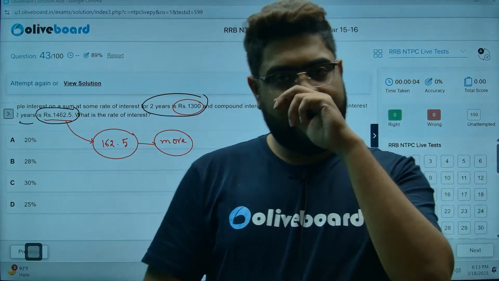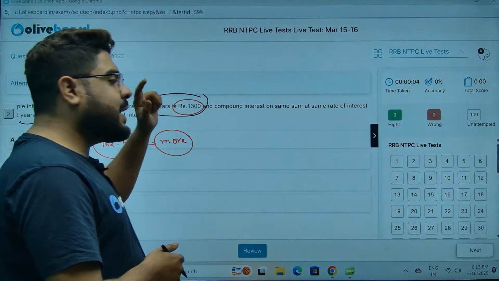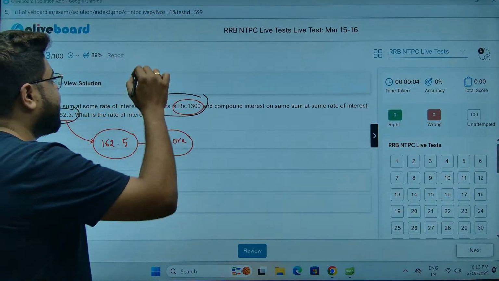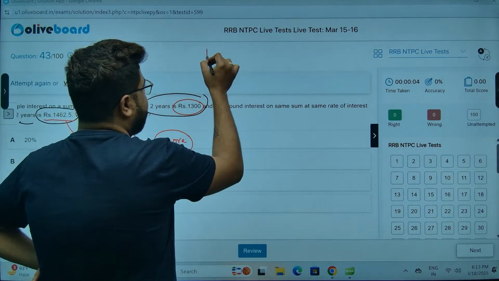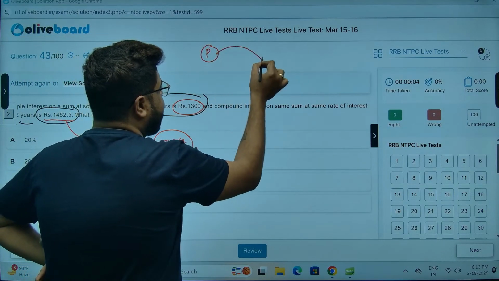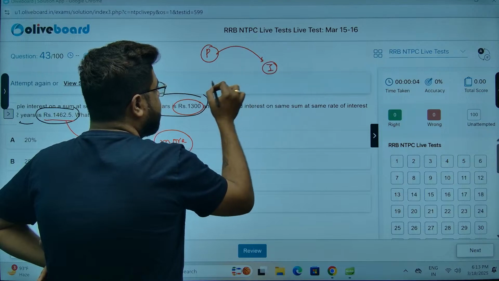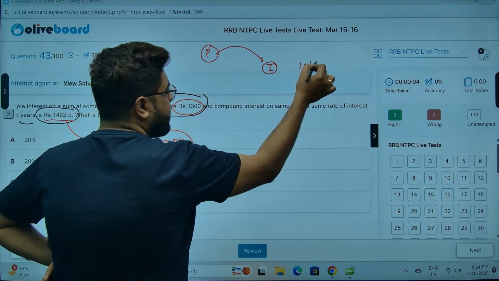The answer that you will always get is that in compound interest, whatever is the first year's interest, say I've kept some money and the bank has paid me some interest after the first year.